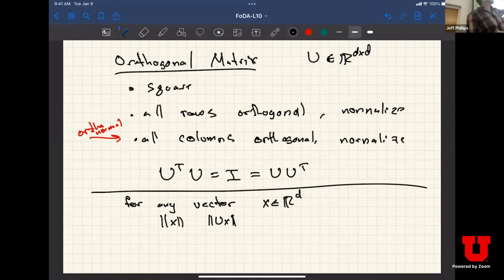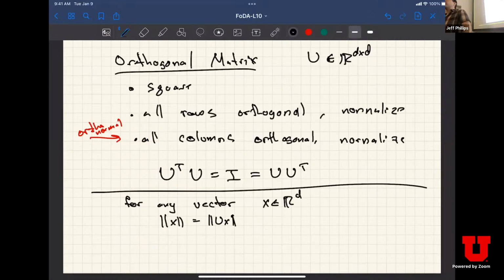These norms have to be equal to each other. So it does not change the norm. It's true for any vector x.